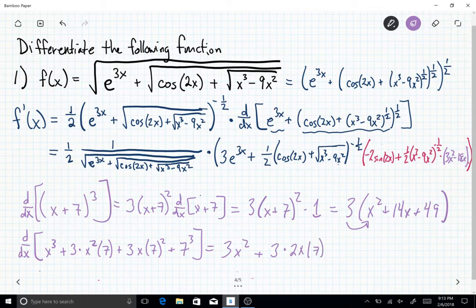Notice that's 3 times 14x, which is what would happen when we distribute there. And in our last one, notice we have 3x and then 7 squared. The x is just x to the first power, so that fades into the background. So this is just 3 times 7 squared, and then the derivative of the constant is 0. But 3 times 7 squared, notice that's 3 times 49, which is what we see right there.